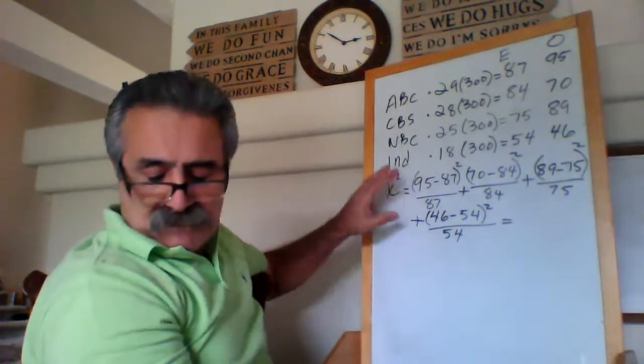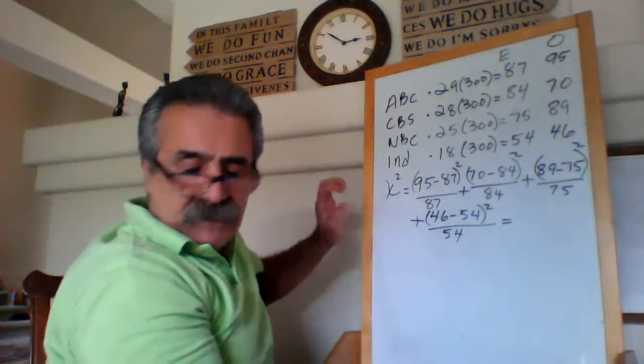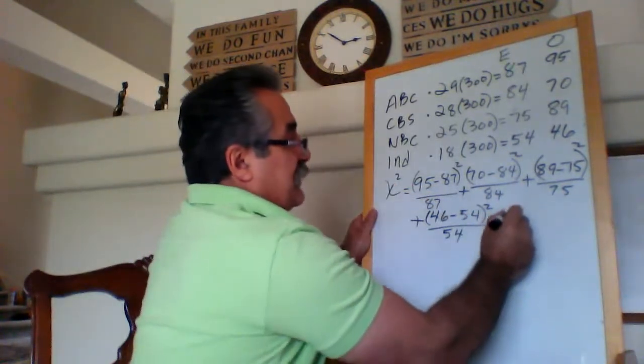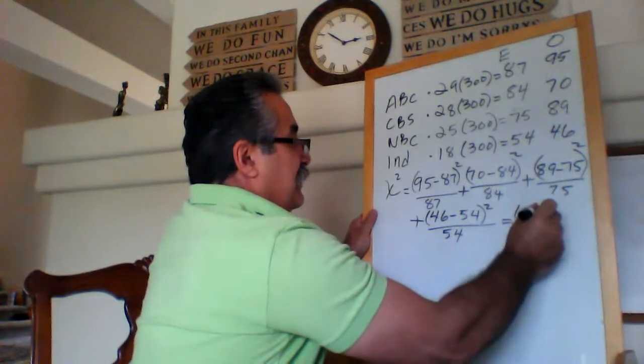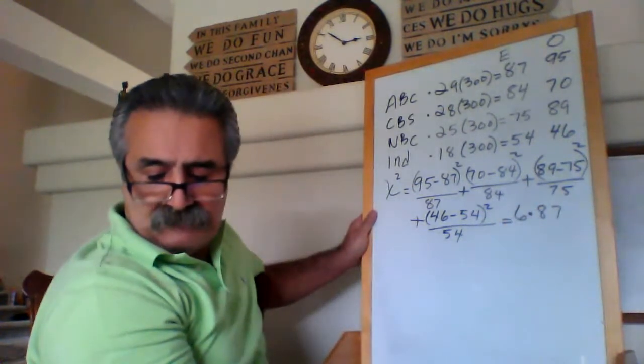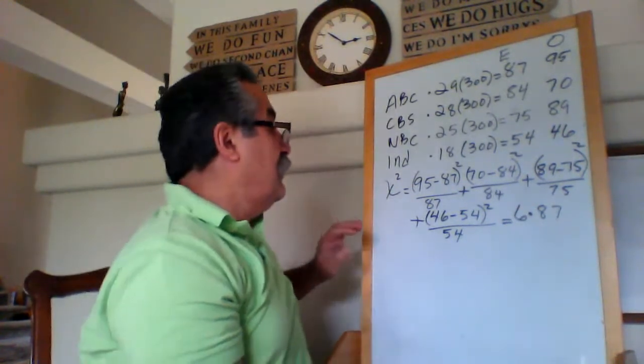If you go ahead and calculate all these, your chi-square comes out to be 6.87. Okay?